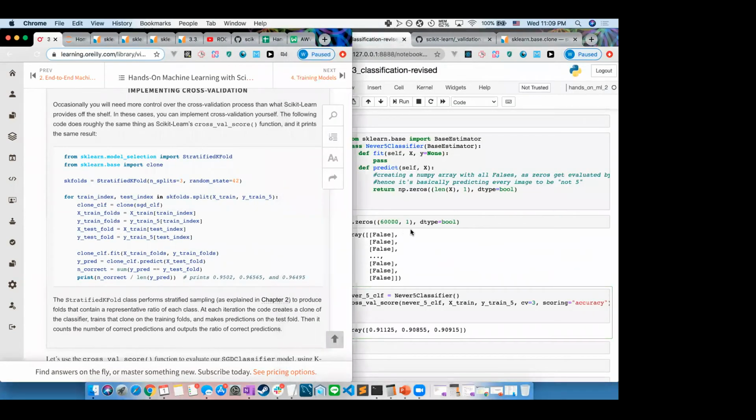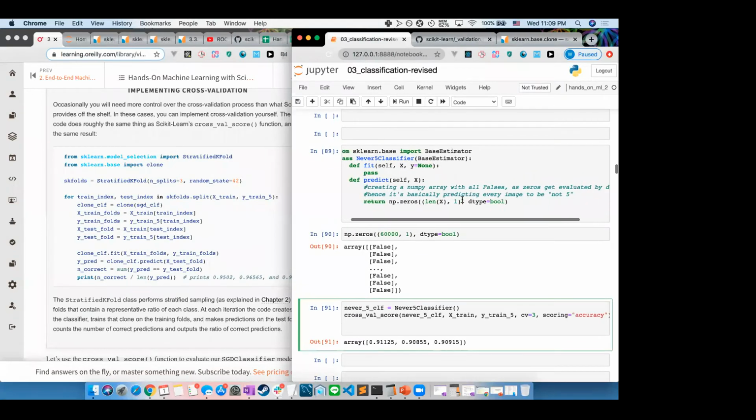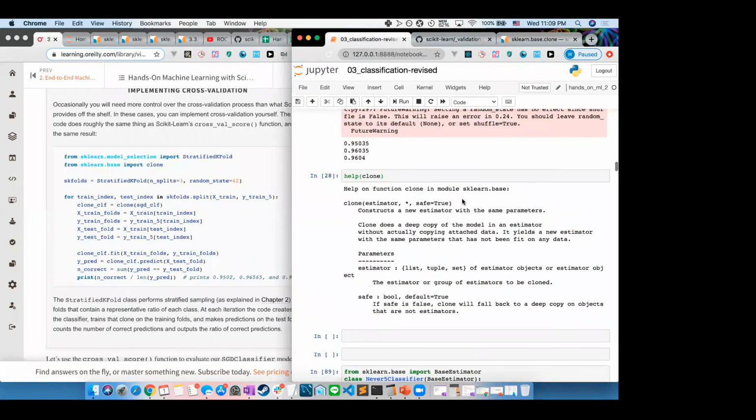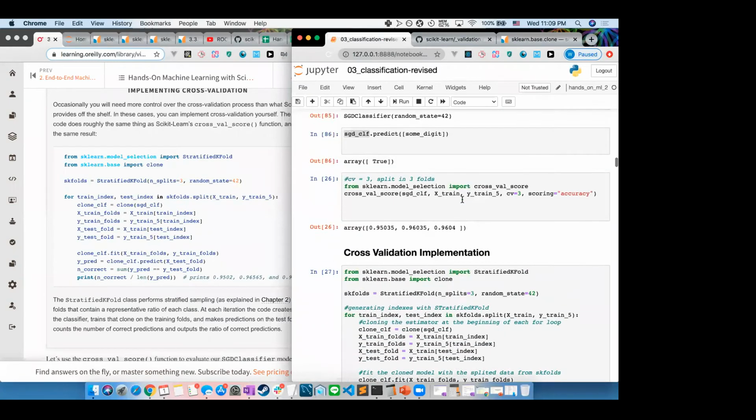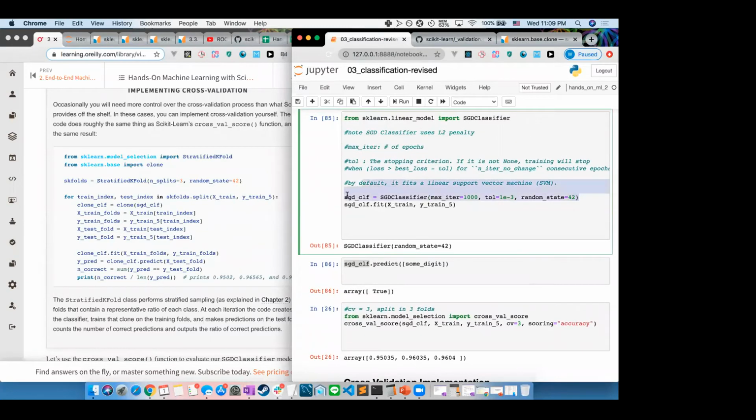It reinitializes every single time, and it only passes almost like an empty object. Is that clear? Yeah. Okay, great.